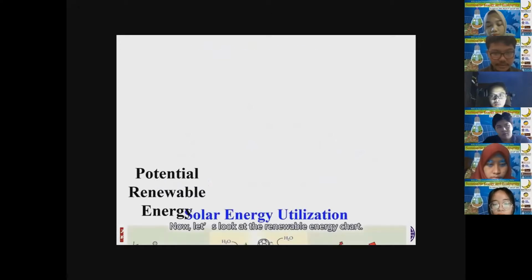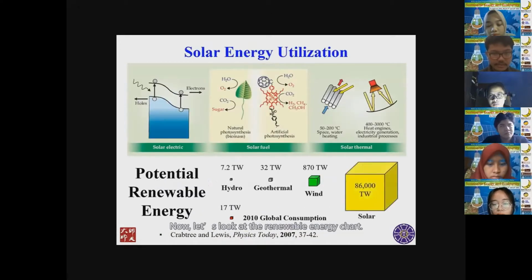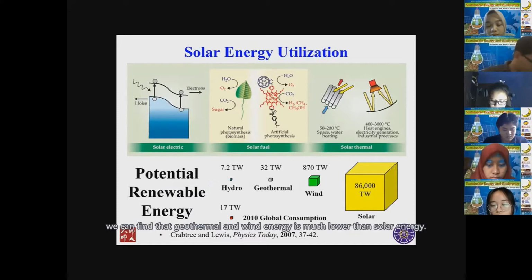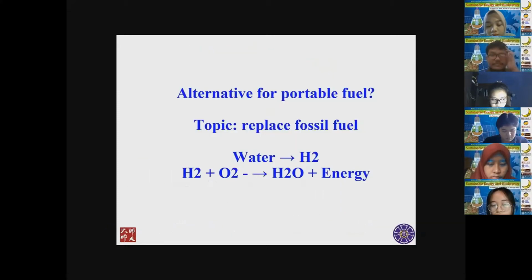Now, let's look at the renewable energy chart. From the diagrammatic sketch, we can find the geothermal and wind energy is much lower than solar energy. Following this idea of renewal, we have developed some kinds of renewable energy.